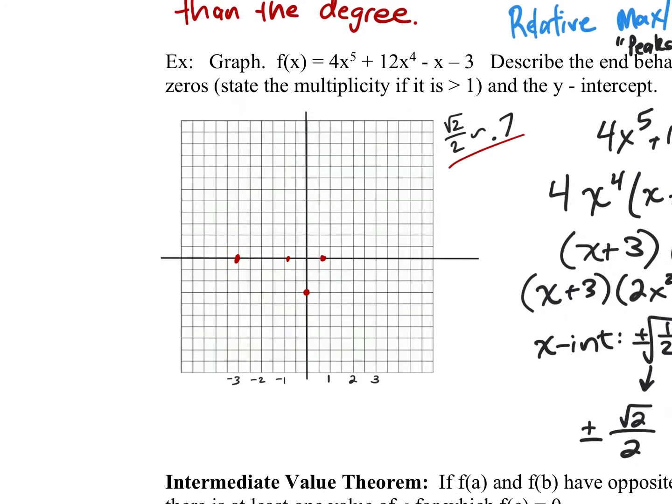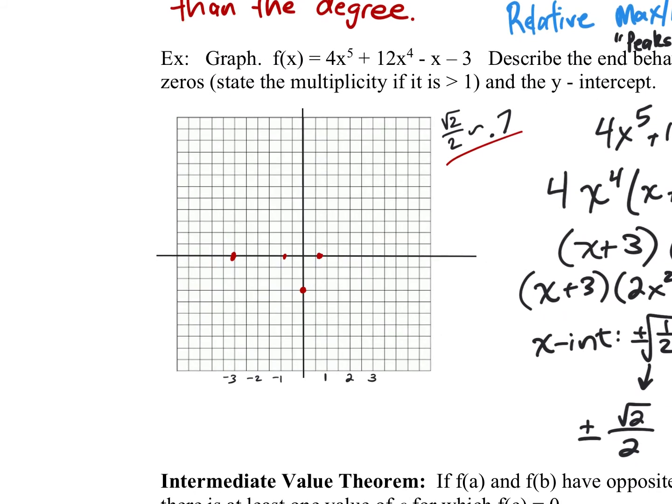Now, I need to figure out what else is going on with this graph, so I need to use my leading coefficient test. I can see that I have a positive lead coefficient and that I have an odd degree. What that tells me is that as my graph goes to the right, the positive lead coefficient will tell me that my graph will go upwards.